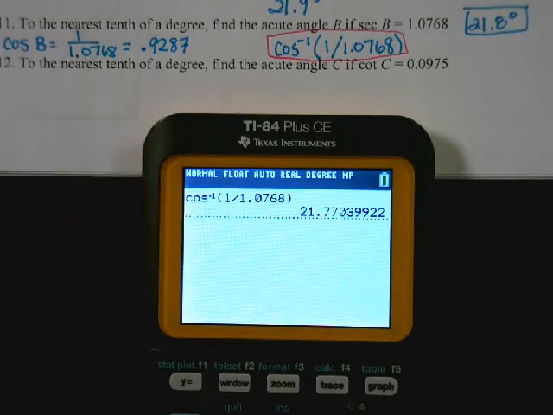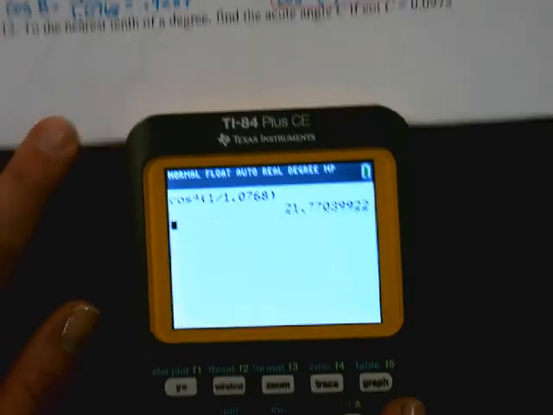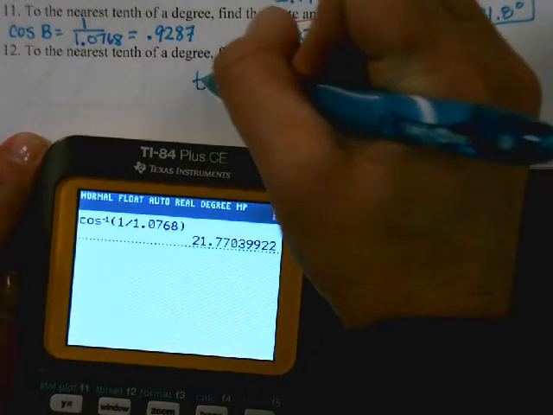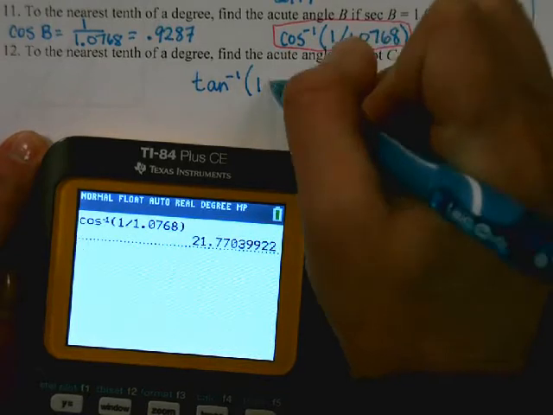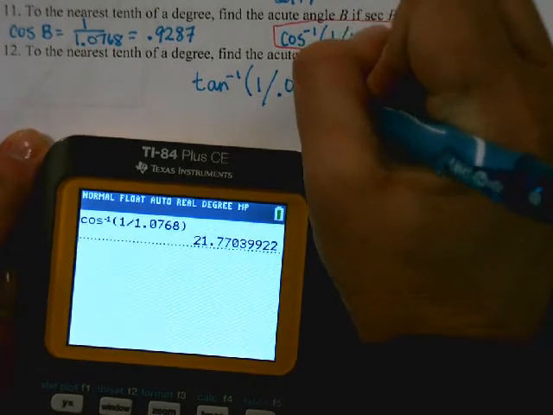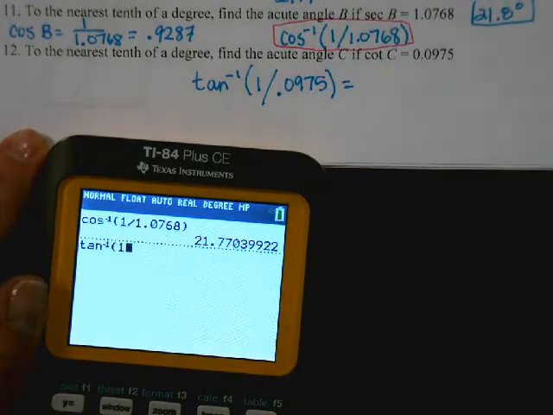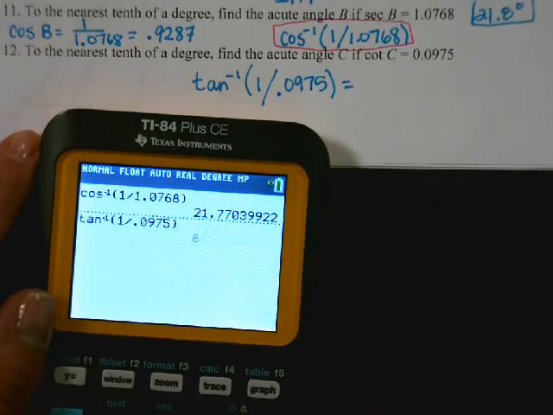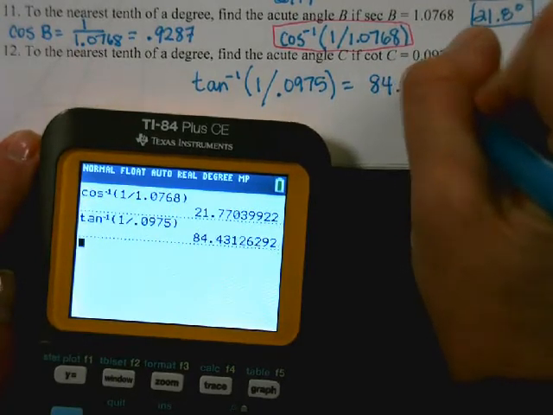Okay, try 12. See if you can do 12. Did you get 84.4 degrees?